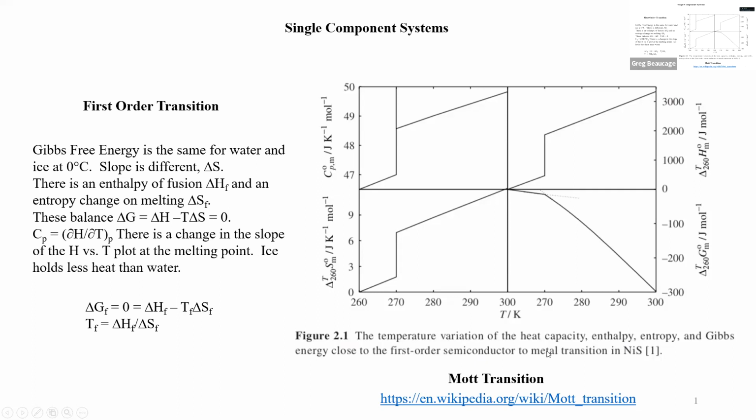Metal means the electrons are populating the conduction band. There are bands of energy for the electrons. If you have an atom, the electrons have certain orbitals.